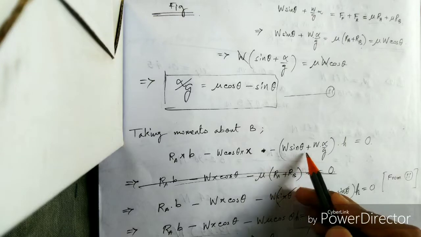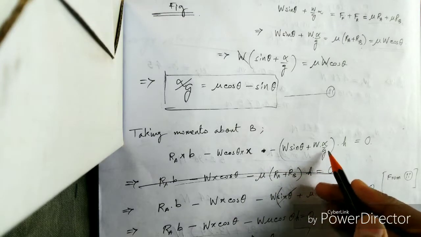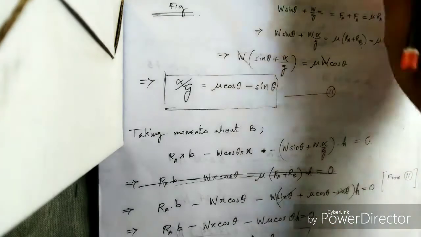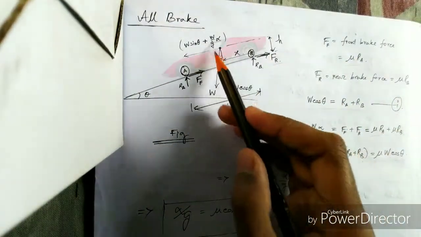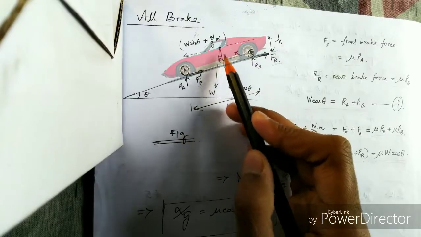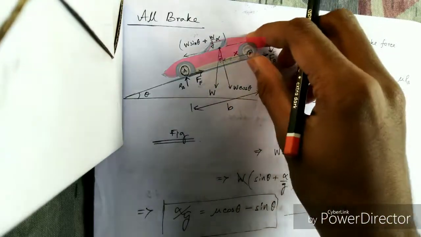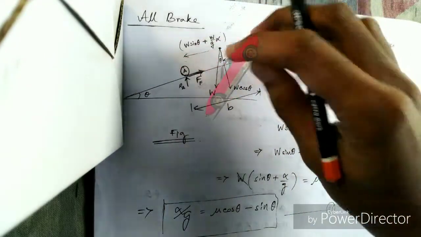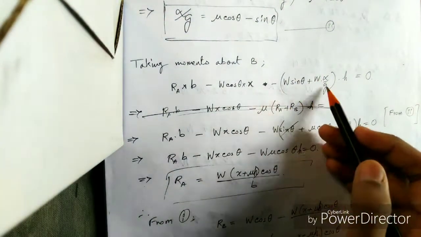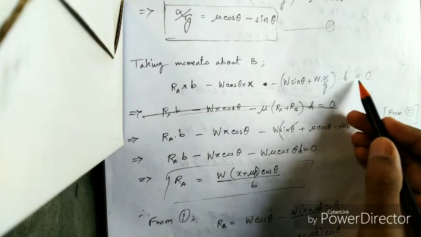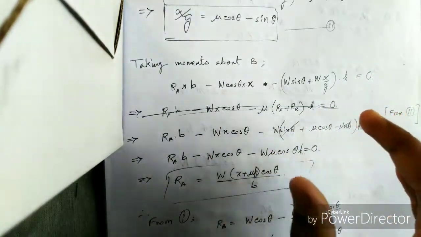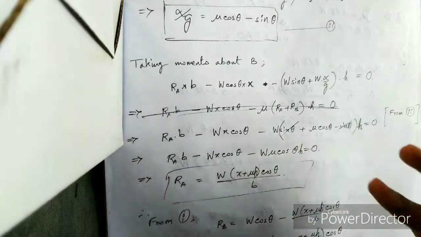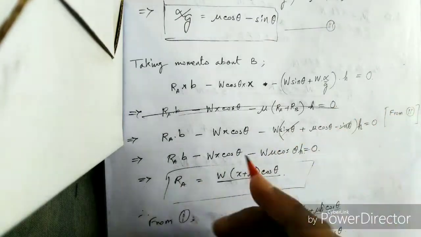Same for W sin theta plus W into alpha by g into H: this force multiplied with this distance about B again tries to tilt the vehicle anti-clockwise, so there will be a minus once again. Now the whole summation equals 0 if the vehicle has to be in equilibrium, and that's obviously the condition for all the three cases.